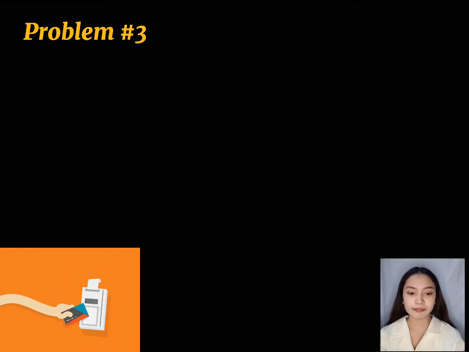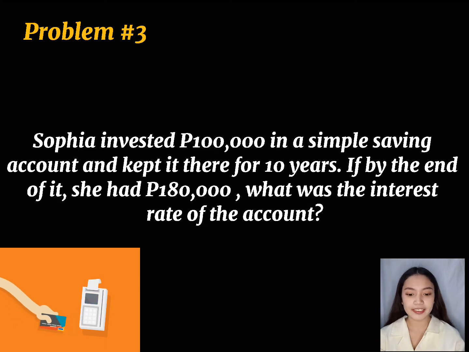Our next problem: Sophia invested 100,000 in a simple savings account and kept it there for 10 years. If by the end of it she had 180,000, what was the interest rate of the account?